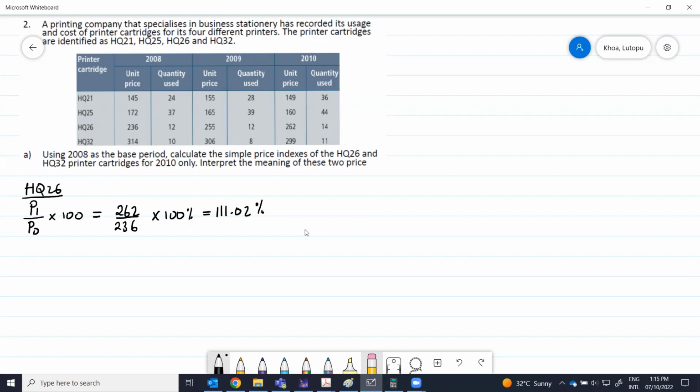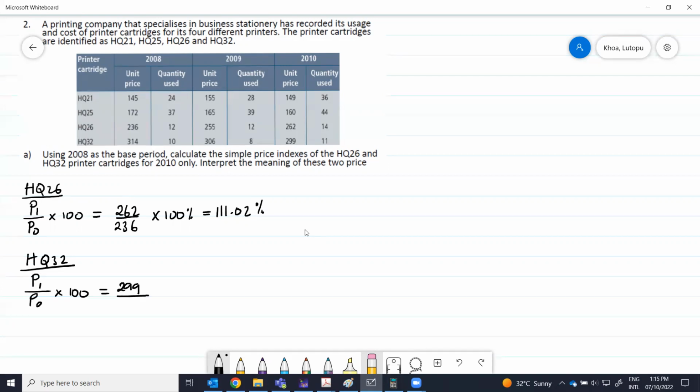And then for HQ32, the formula is the same. P1 over P naught multiplied by 100. And the current price of HQ32 is 299.